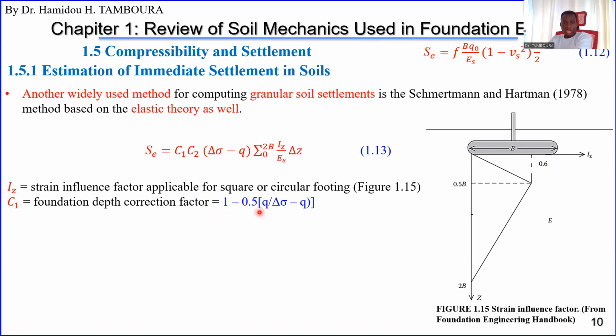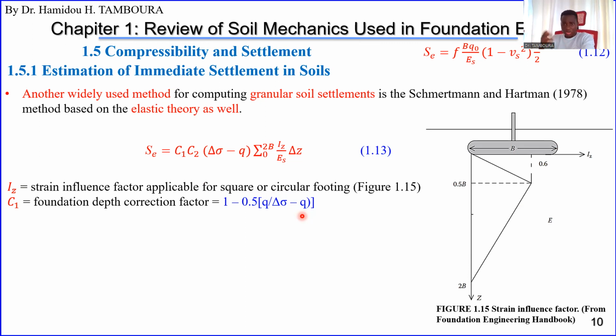The C1, this one, is given by this formula: 1 minus 0.5 q over delta sigma minus q. So this q is, I think, the surcharge, and delta sigma is the stress caused by the surcharge.